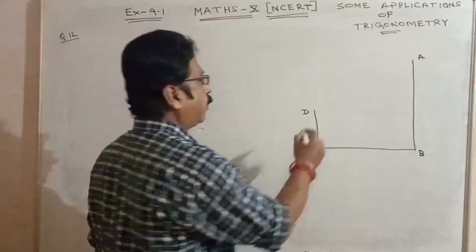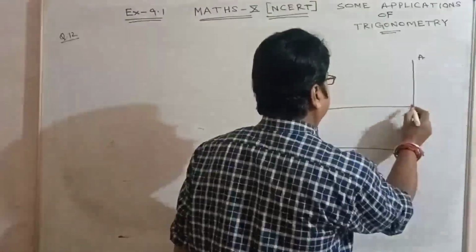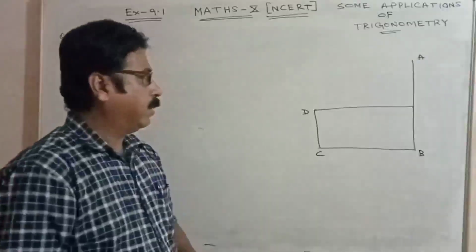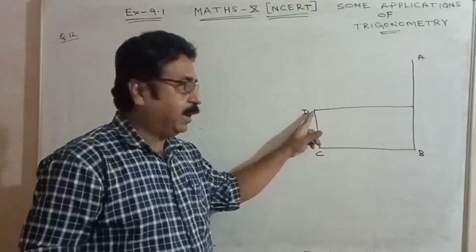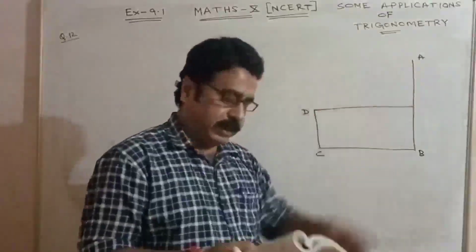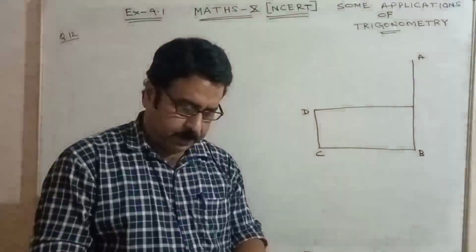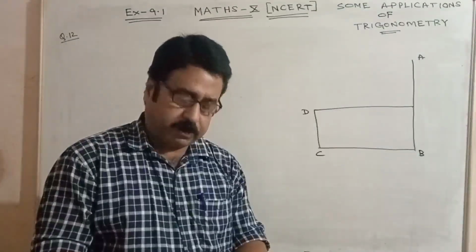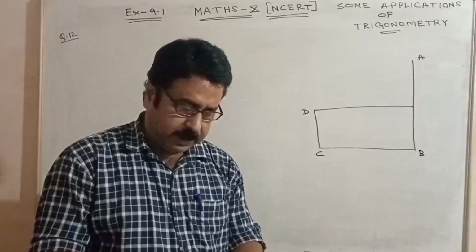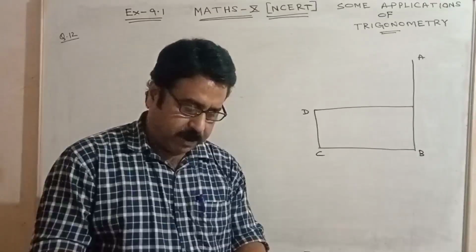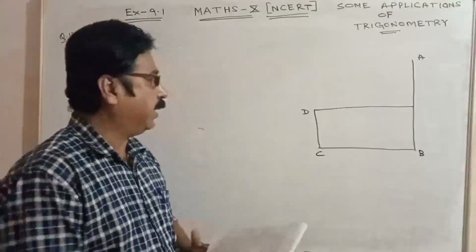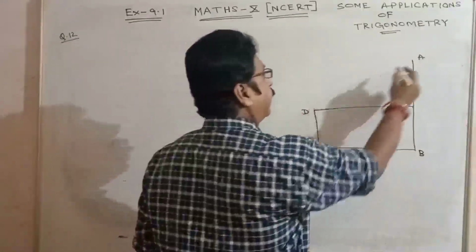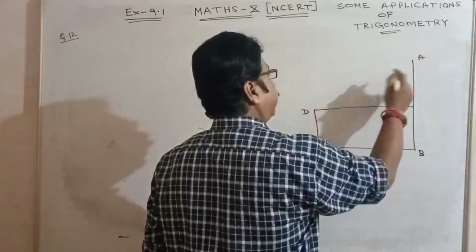Now, from the top of the building, the angle of elevation of the top of the cable tower is given as 60 degrees. This is the top of the building, this is the top of the cable tower.